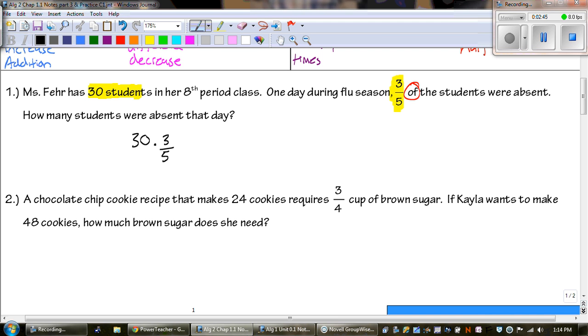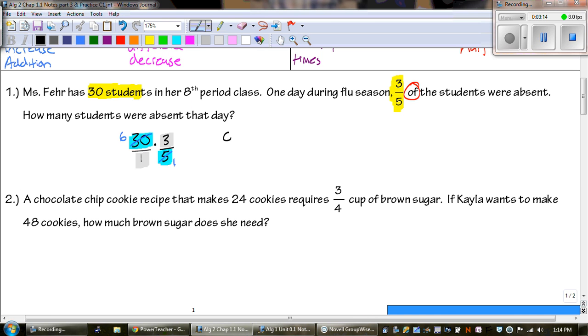So it looks like we're multiplying fractions right here, except I only have one fraction. I have to take that 30 and put it over 1. And now we are looking at the corners to see if there's anything we can reduce. And we can. Okay? 30 and 5. You can divide both of those by 5. The 5 changes to a 1, and 30 divided by 5 is 6.